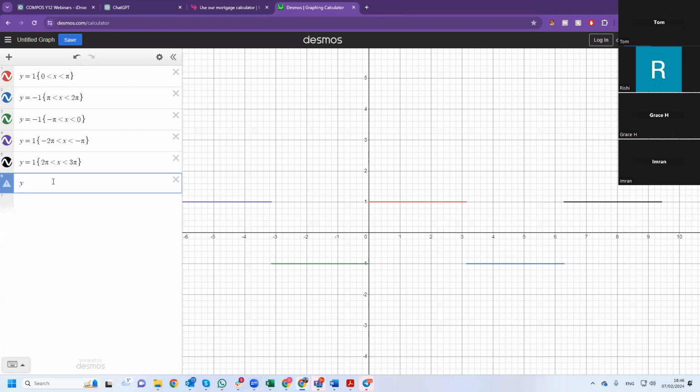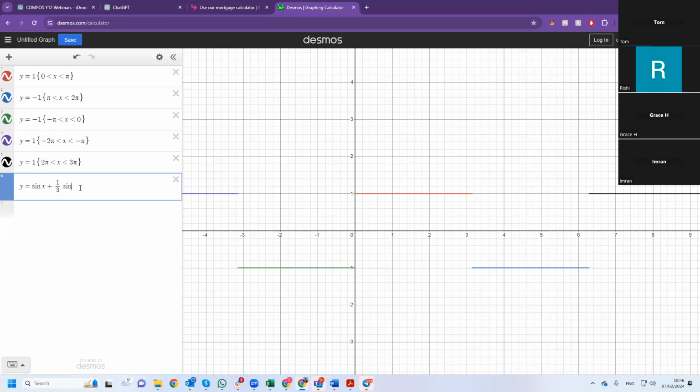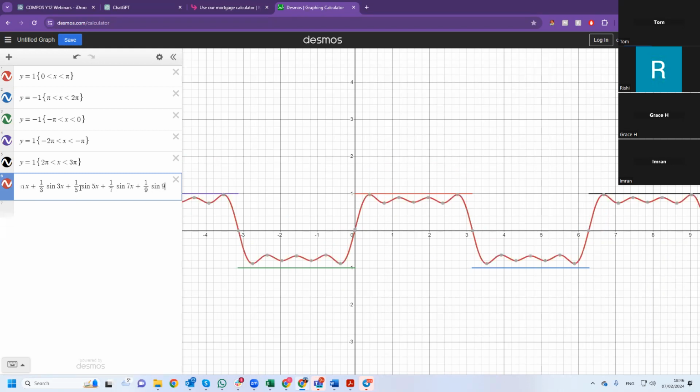Let's find an approximation. This function can be approximated with sine x plus 1/3 sine 3x plus 1/5 sine 5x plus 1/7 sine 7x plus 1/9 sine 9x.